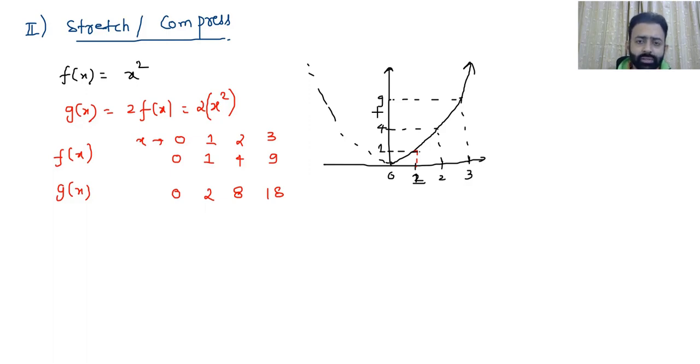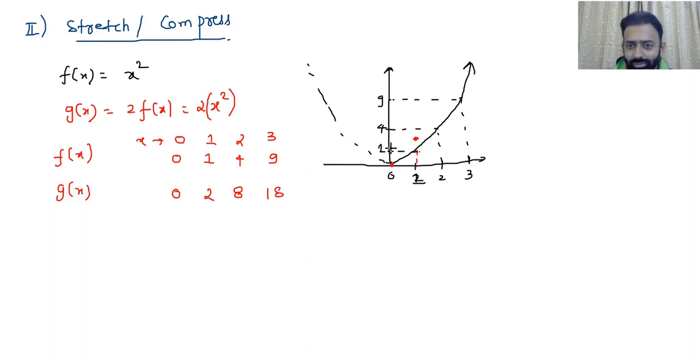Now for g(x), let us plot the graph in red. At x equal to 0, it is 0. At 1, g(x) is rather 2. So this value has been shifted up by 2 units. Okay, I won't say it is shifted, it is multiplied by 2, because for 3 it would be shifted by, you can say, 9 units.